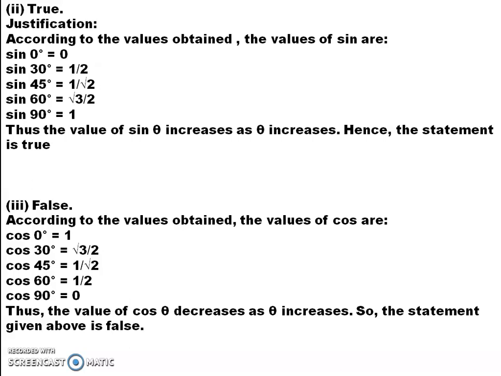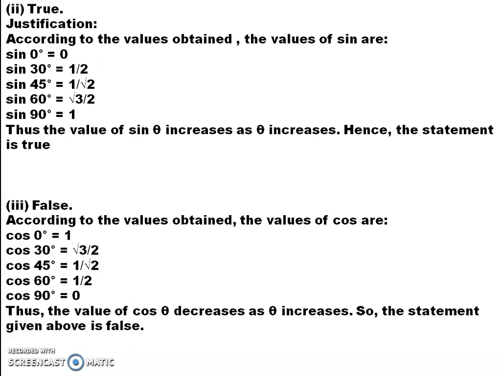Let's see what happens to cos theta. Here the angle is increasing: 0, 30, 45, 60, 90. The angle theta is increasing. Is the value of cos theta also increasing? No. What happens? 1 to 0. The value of cos theta is decreasing when the angle theta increases.